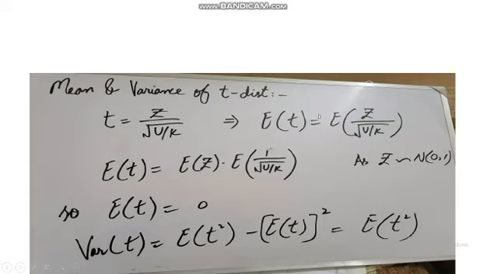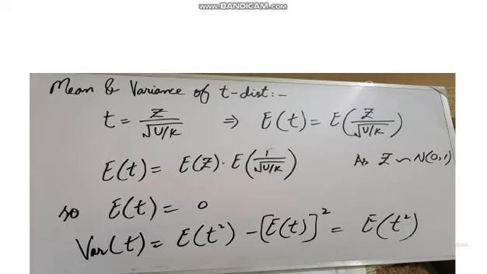By taking the expectation on the basis of independence, we may write these separately: expected value of z into expected value of 1 over square root of u over k. Since z is standard normal distributed with mean 0, the expected value of z is 0, so this whole term is 0, showing that the mean of t is 0.